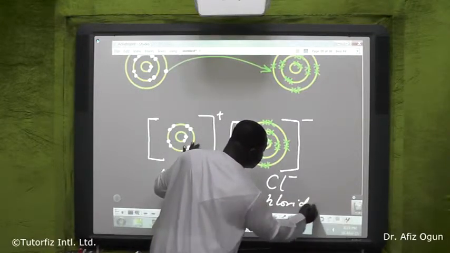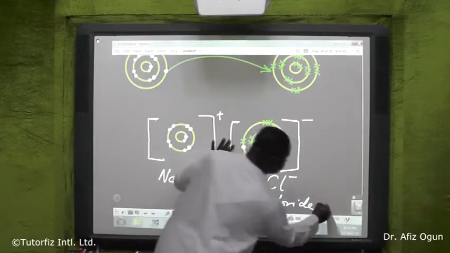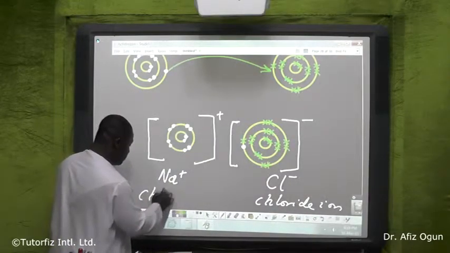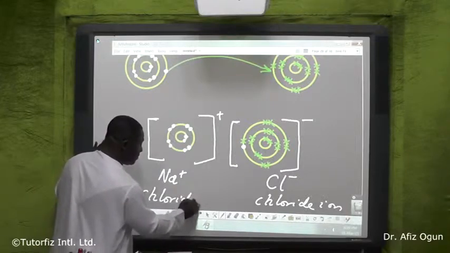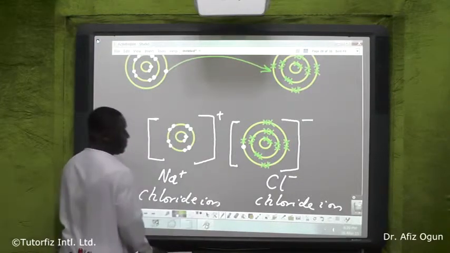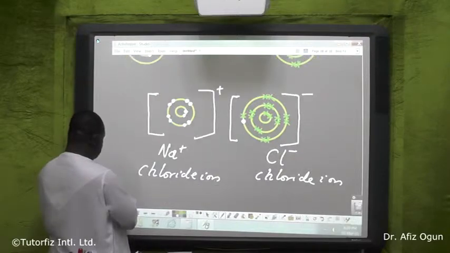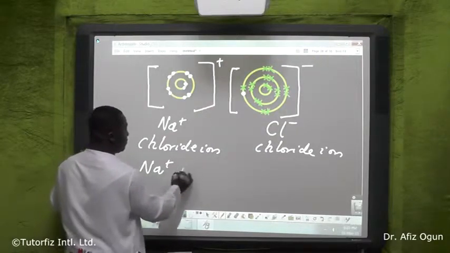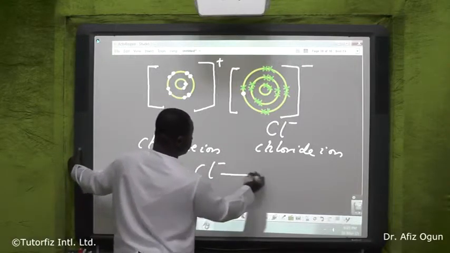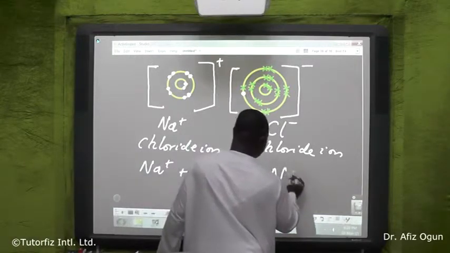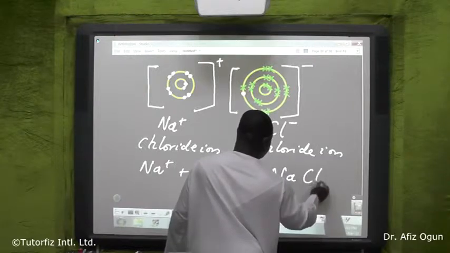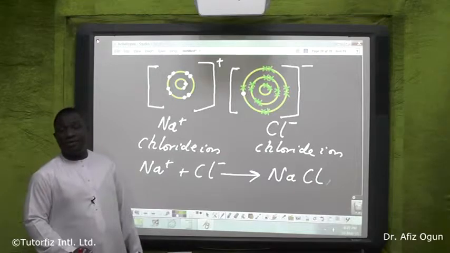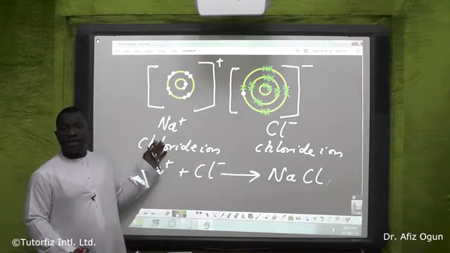So the two of them will now stay together forever and ever in a union known as sodium chloride. This is ionic bonding, the simplest one we can get.